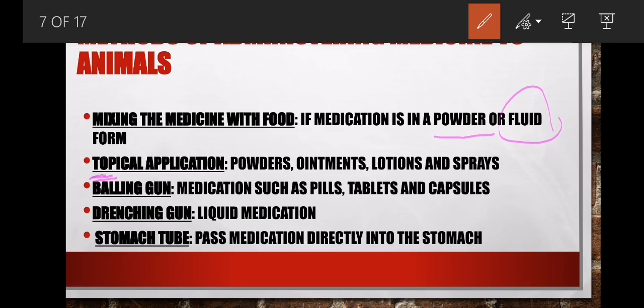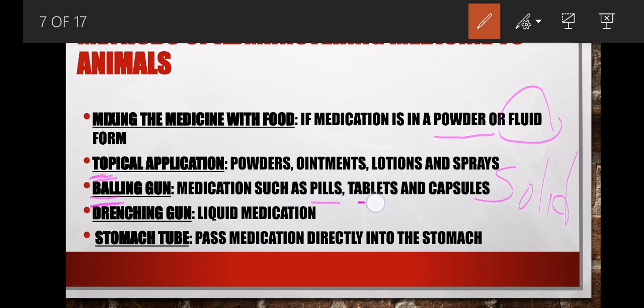We also have number three, the bowling gun. Bowling gun, please take note of ball. What we're doing here in the bowling gun, we are applying a type of medication that is solid. So we are applying solid medication, such as what?